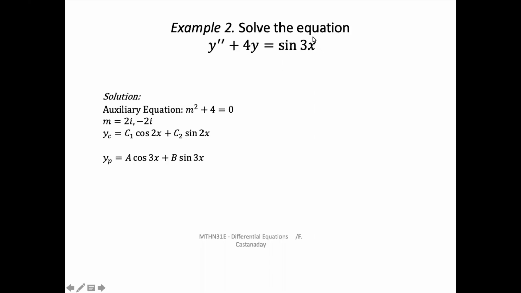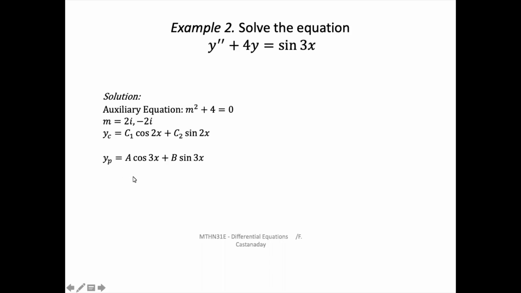Now the next step is to analyze the right member of the equation, which is sine 3x. And sine 3x suggests that this solution is actually the result of having imaginary roots. So we can write y sub p equal to a cosine of 3x plus b sine of 3x. There's no exponential function since there's no exponential function in the given equation.